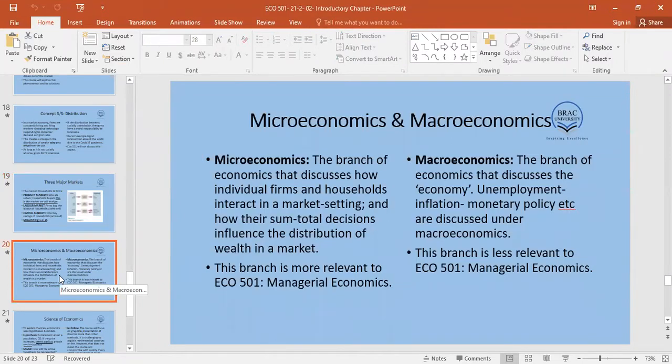So some of you have already raised a question, whether this is going to be microeconomics or macroeconomics. We have already discussed in the previous part that we are defining economics as a science of decision making. So basically, this is going to be applied microeconomics. Why was the name managerial economics?